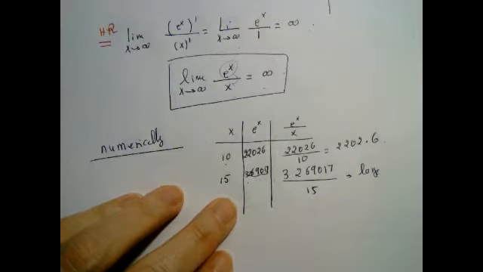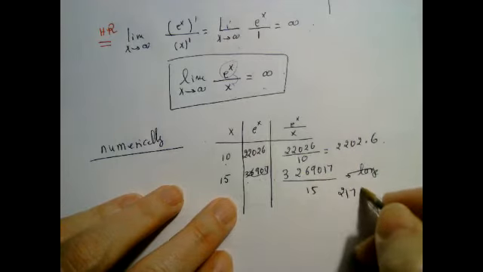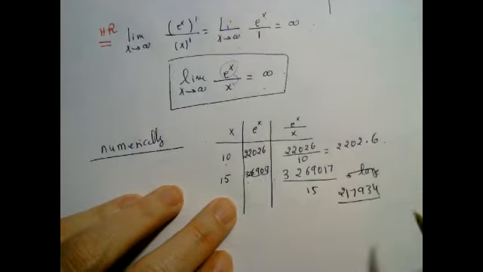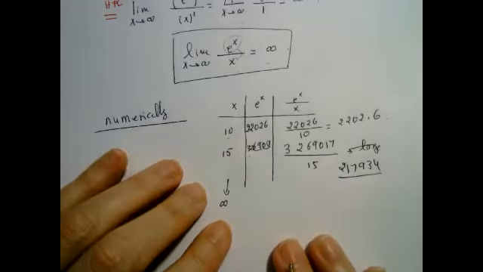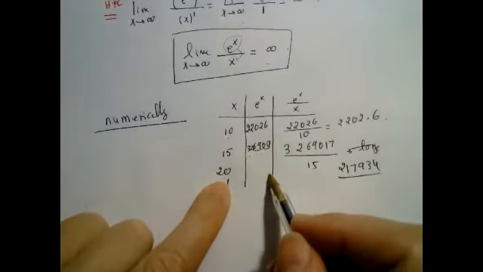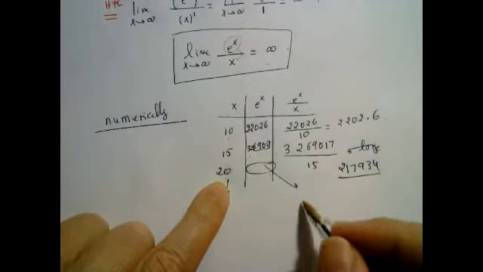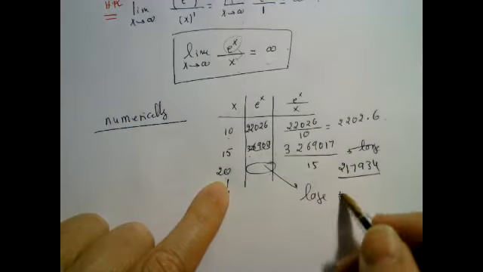If you do the math, you're going to get 217,934. You're getting a large number. So even if I take 20, e to the 20 is going to be huge compared to x. This is also going to be a large number.